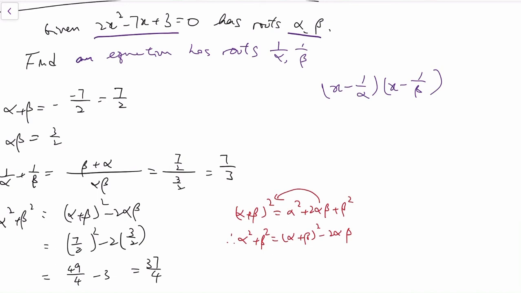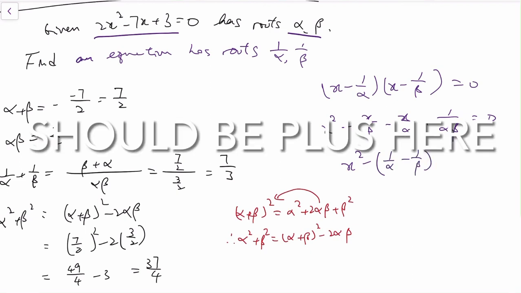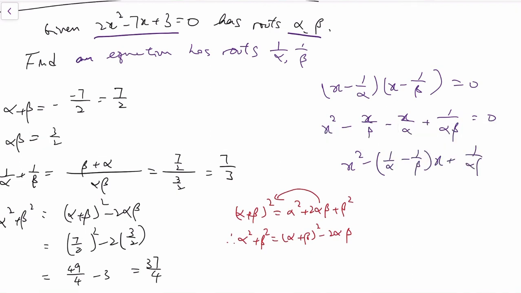To make it an equation, you make it equal to 0. And then you just expand this. So it's x squared minus x over beta minus x over alpha plus 1 over alpha beta. Then we have minus 1 over alpha plus 1 over beta, x, plus 1 over alpha beta.